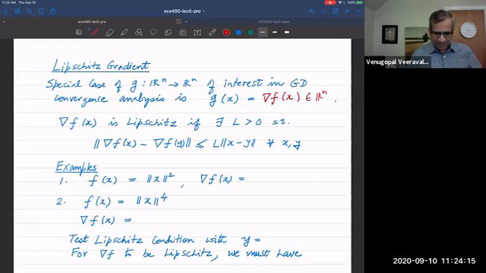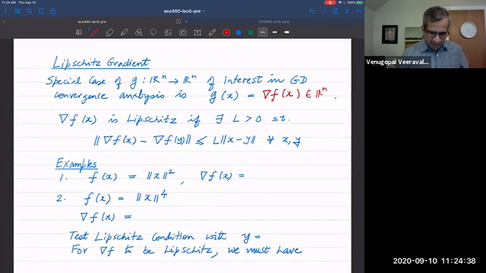It's a vector valued function. And we say that the gradient of f is Lipschitz if it satisfies this Lipschitz condition, right? So the norm of grad f(x) minus grad f(y) must be less than or equal to L times the norm of x minus y for all x, y.